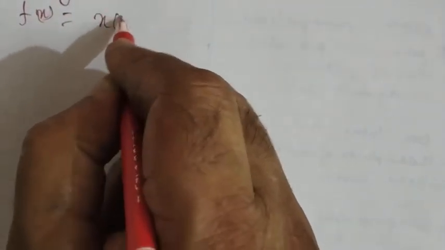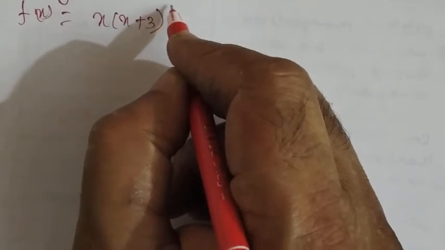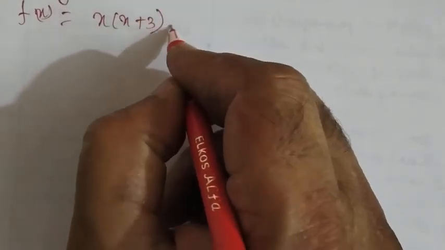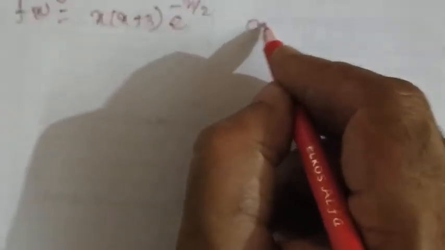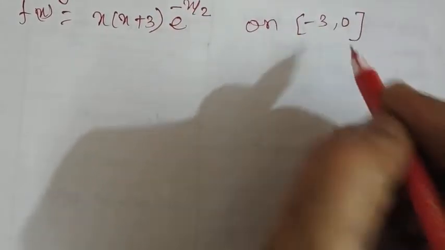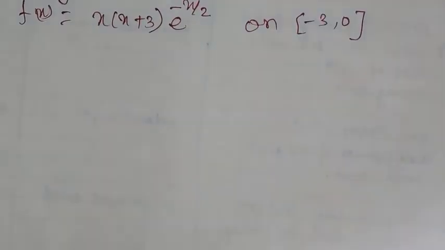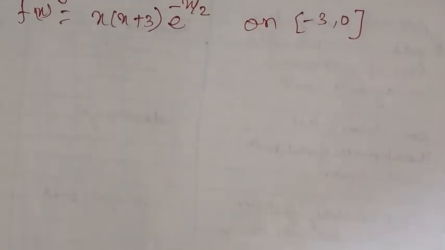Verify Rolle's theorem for this function, f(x) = x(x + 3) e^(-x/2) on [-3, 0]. Now let us check the applicability of Rolle's theorem and then we will find c. That is the meaning of verifying Rolle's theorem.